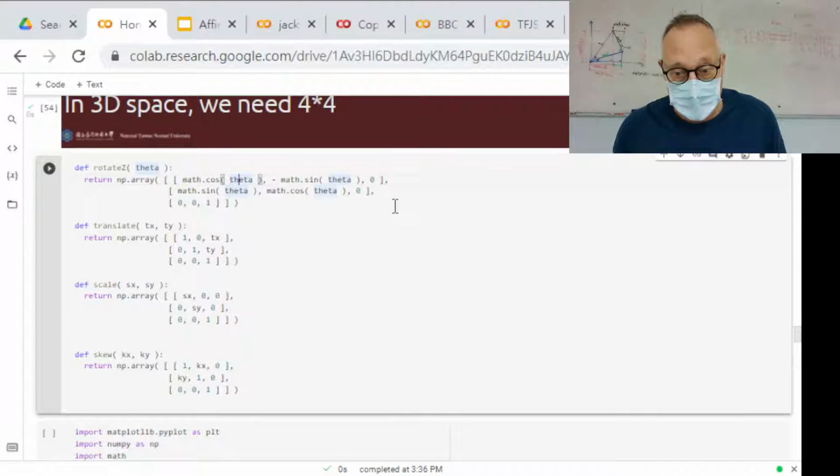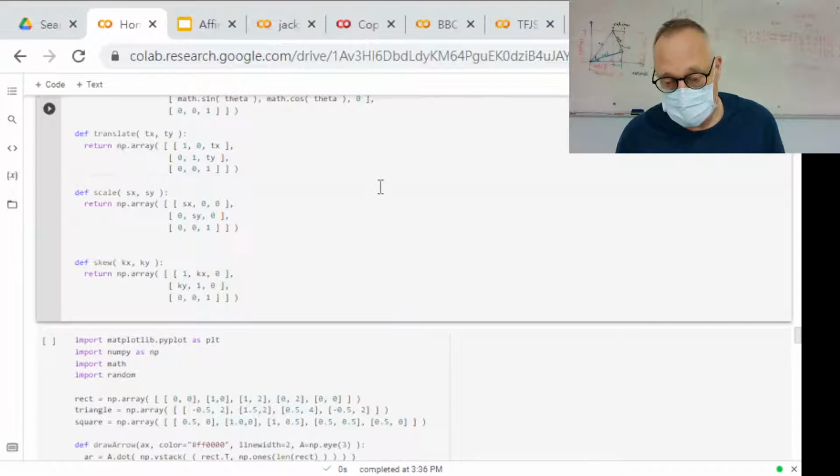So for 2D, we rotate around the z coordinate origin. Then our matrix for angle theta would be cos theta, negative sine theta, 0, sine theta, cos theta, 0, 0, 0, 1. If we translate it, we have 1, 0, tx, 0, 1, ty, 0, 0, 1. And scale and skew, we'll get into that in a second.